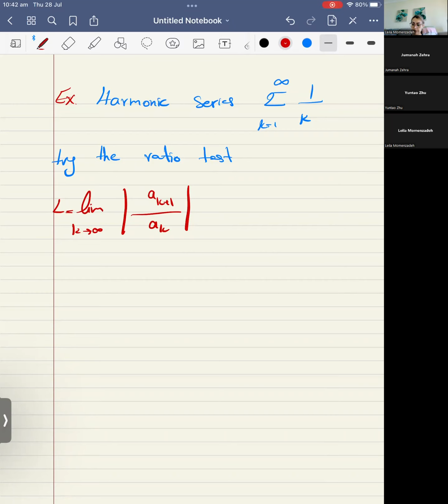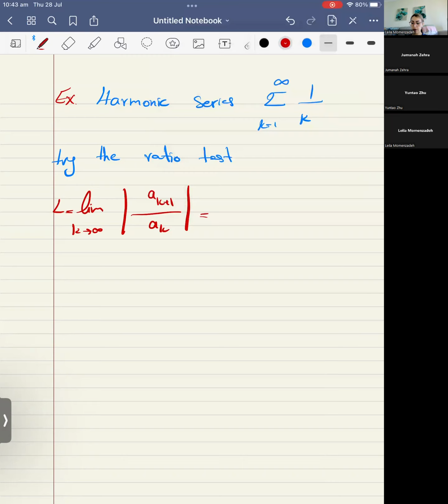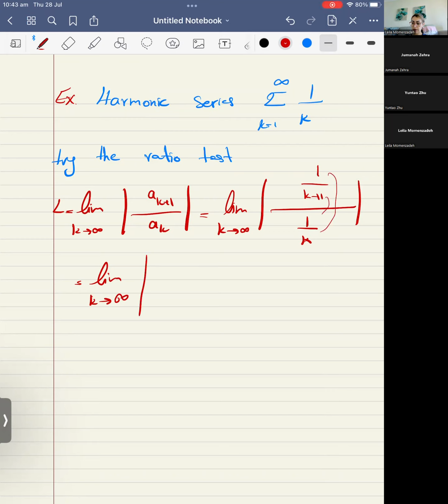Okay, let's do it together. This one is equal to the limit as k goes to infinity of 1 over (k plus 1) over 1 over k. That would be equal to the limit of k over k plus 1, you know the rule, far and close.